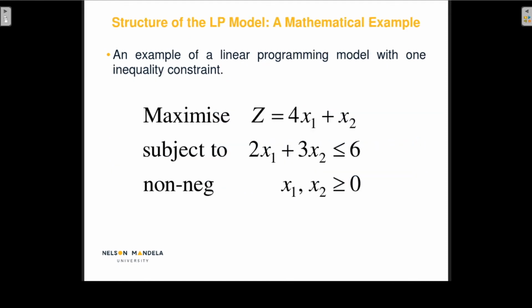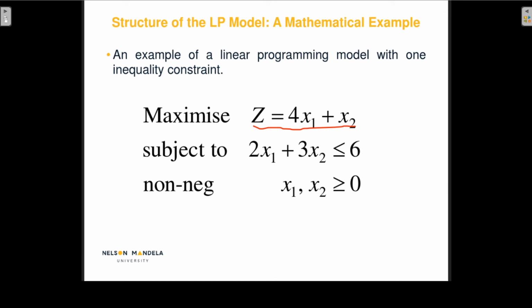Now on this slide I have a very simple example of a linear programming model with one inequality constraint. The first equation is my objective function, and I've got two decision variables, x1 and x2, and I would like to maximize this function of x1 and x2.